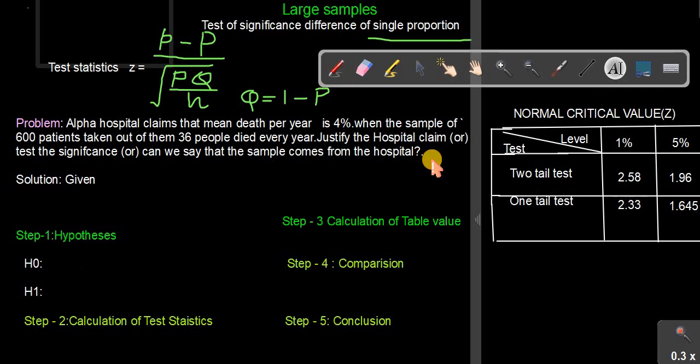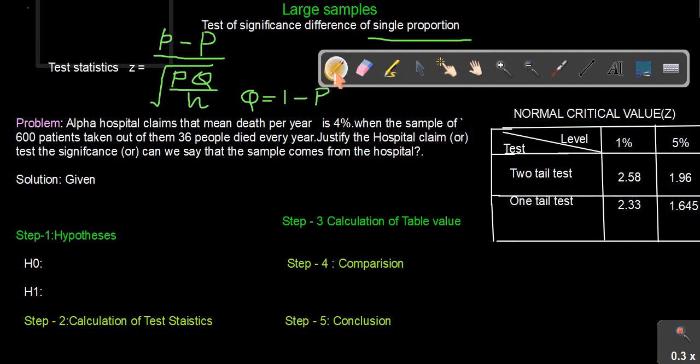Now what we have to prove here is whether the hospital claim is accepted or rejected, true or false. That's what we need to justify.